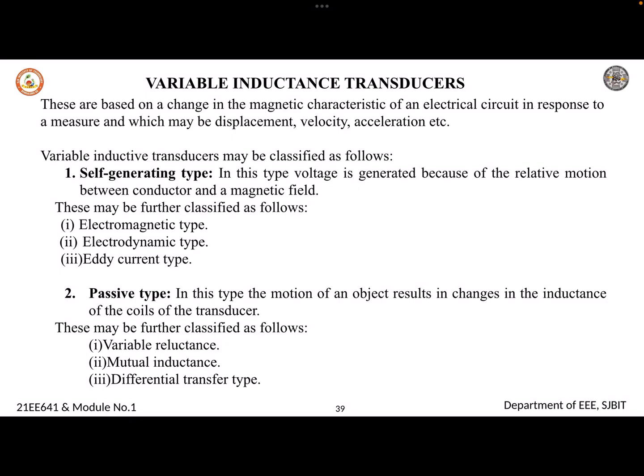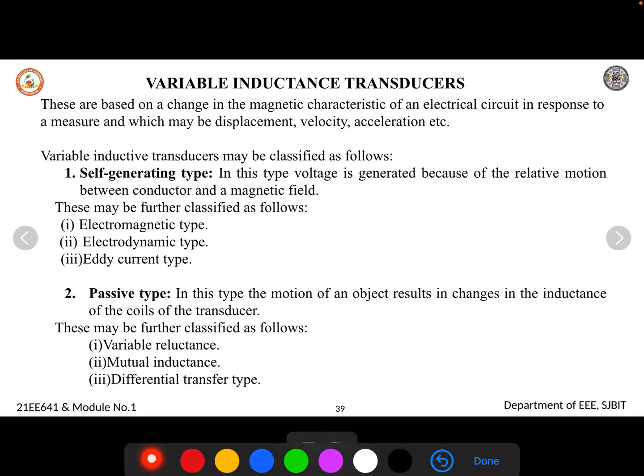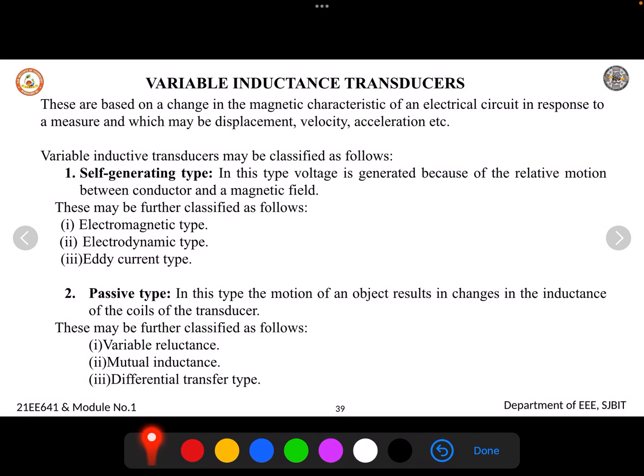So basically, whenever we say variable inductance, it's based on the change in the magnetic characteristics. Meaning, whatever core I'll be using, I'll be varying the core of the inductor in such a way that I'm varying my inductance value.